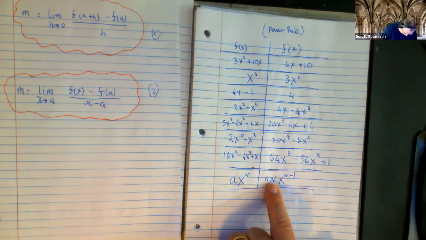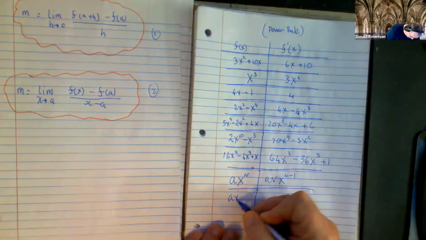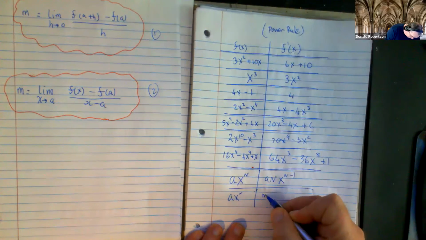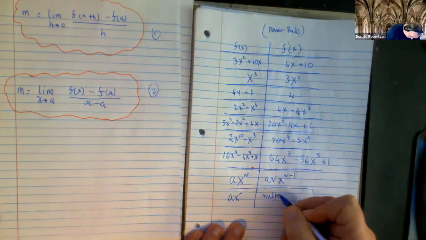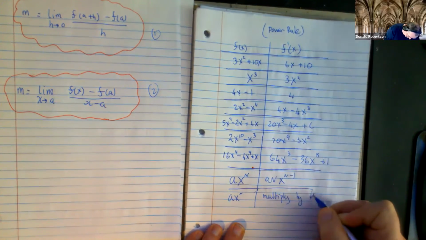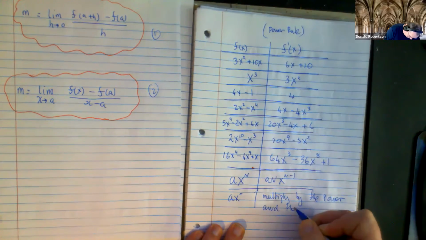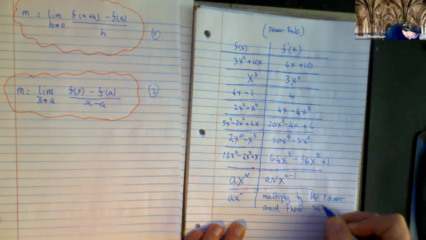In English, to me, it makes more sense in English, it is: multiply by the power and then subtract 1 from the power.